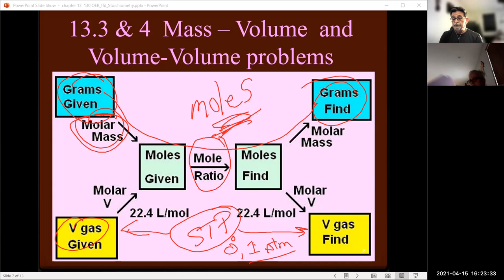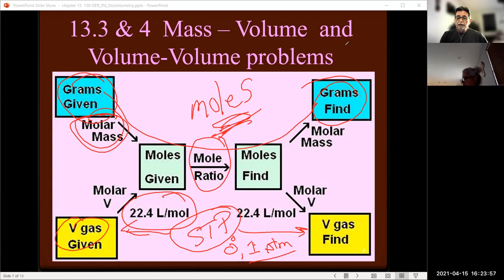You don't have enough information. You cannot calculate the volume of anything given the information you have unless you're told you're at STP. Then you can use this relationship that the volume of one mole of any gas at STP is 22.4 liters.